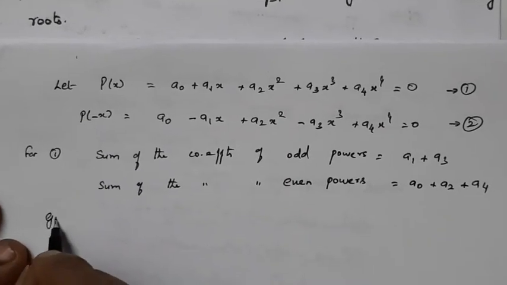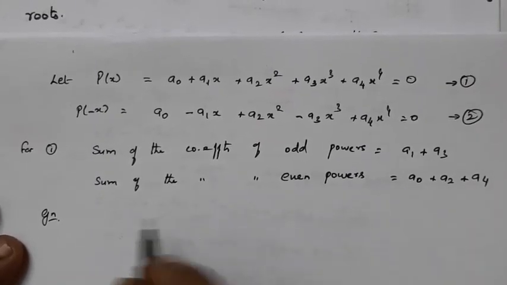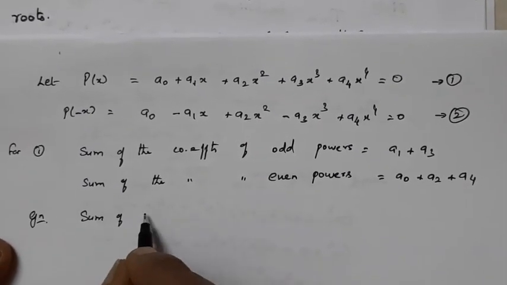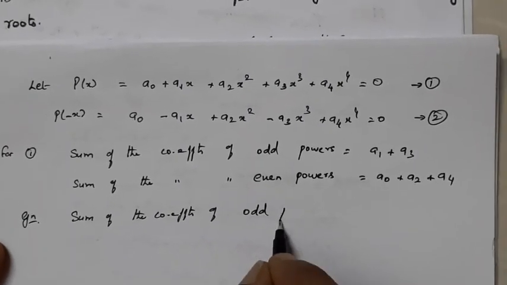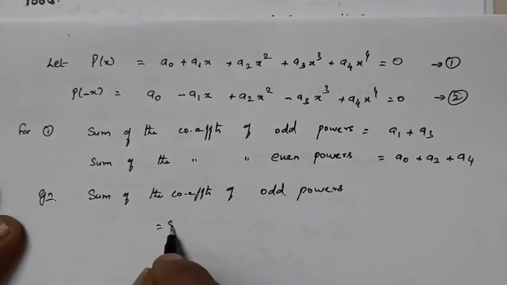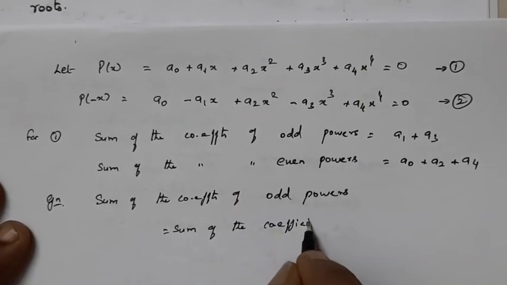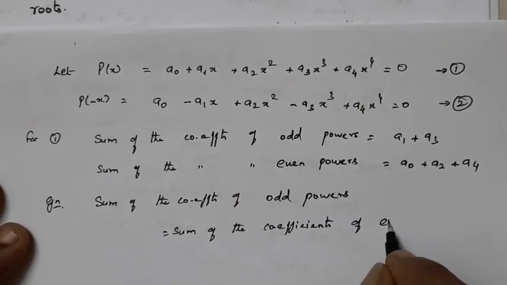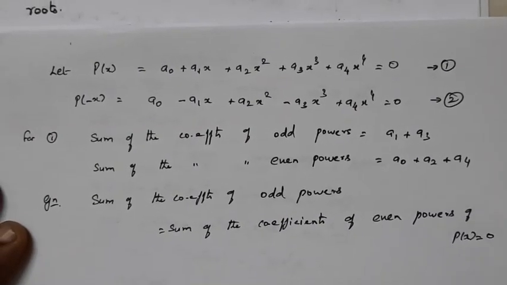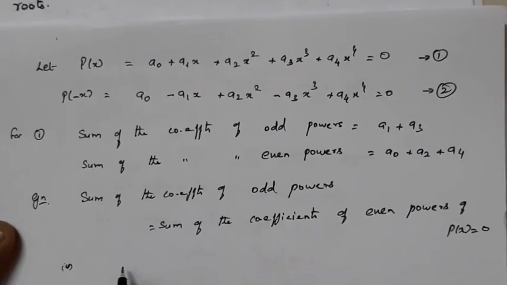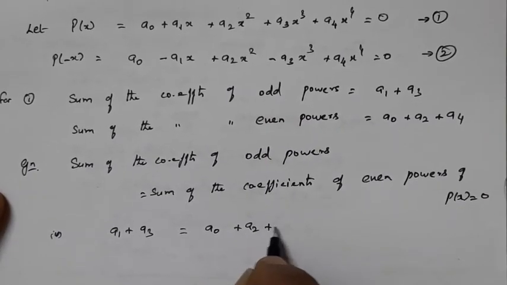Now, given that the sum of the coefficients of odd powers and the sum of the coefficients of even powers are equal for p of x, right? Given the sum of the coefficients of odd powers is equal to the sum of the coefficients of even powers of the given polynomial p of x equal to 0. That is a1 plus a3 is equal to a0 plus a2 plus a4.